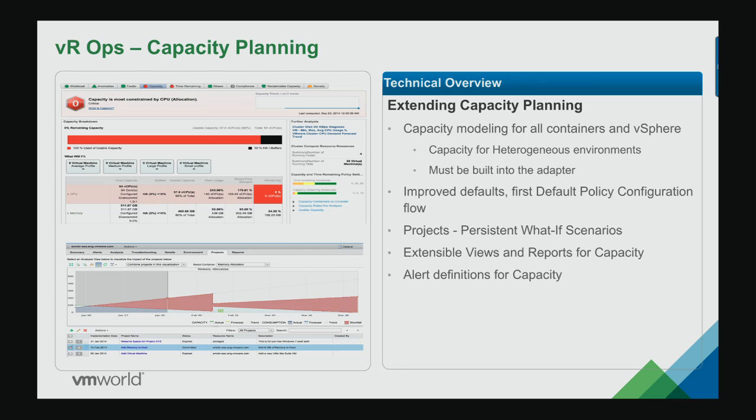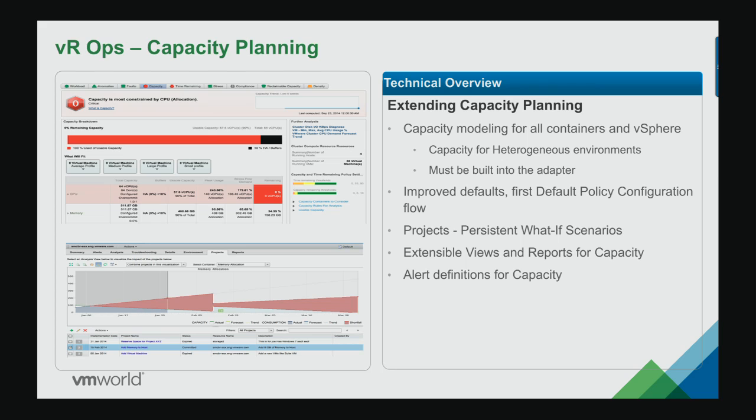Okay, but one of the other things that we introduced as part of vROps 6 is projects. And projects allow you to go in and do what-if scenarios and capacity modeling for your environment. Now, one thing I'd like to mention just about the capacity model in vROps 6.x is that we actually made that model consumable even by third-party solutions.